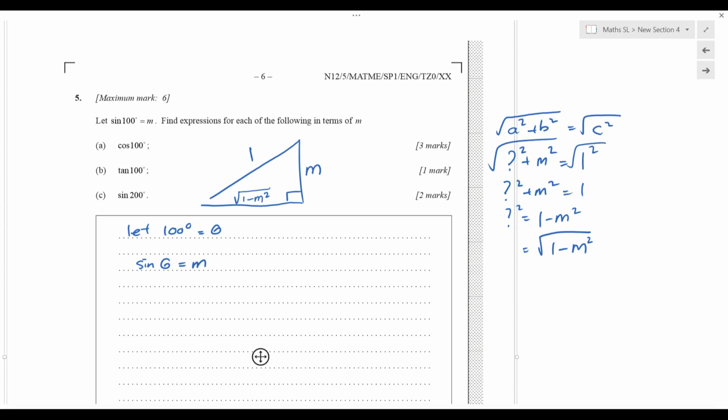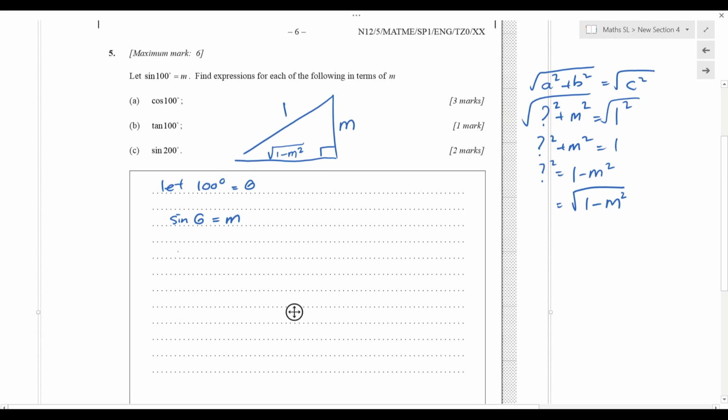So cosine 100, we can write this as cos theta. And we know cos theta is what? The c, right? So it's root 1 minus m squared over 1, which is simply root 1 minus m squared. But we're actually not done yet.